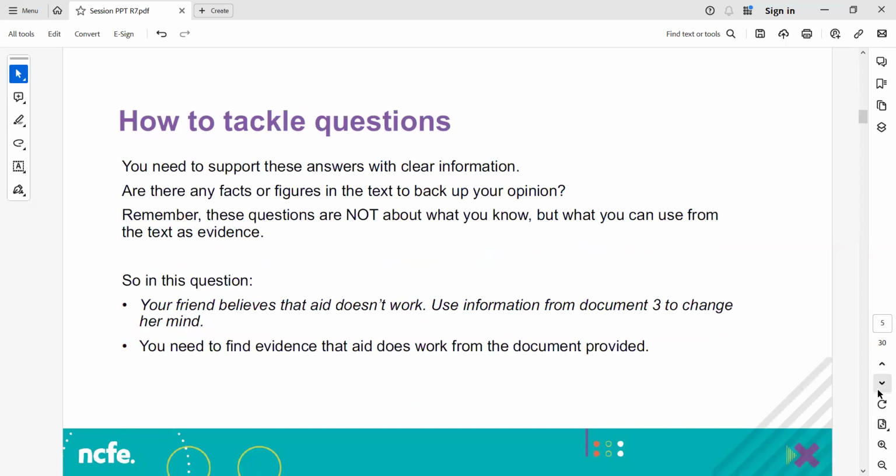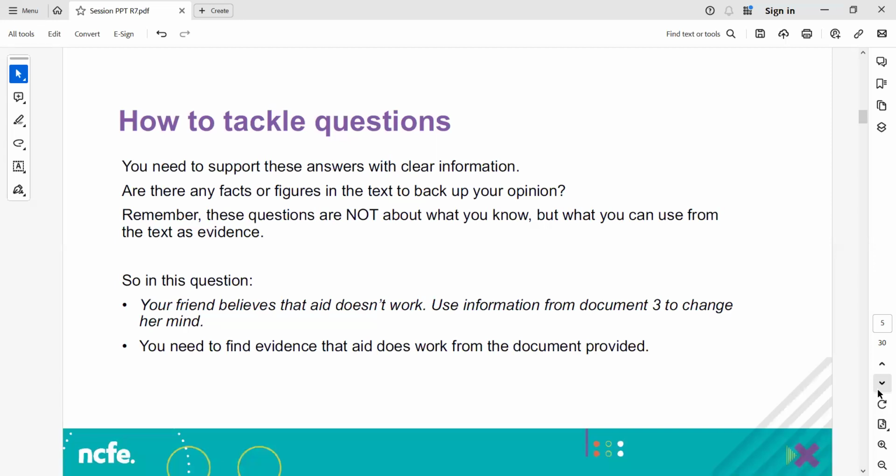So how do you tackle these questions? So you'll need to support your answers with clear information. So you need to look at the text you're directed to. So if the question says to use document 1 or text B, whichever one it refers you to, then you need to look at that document, that text, and think, are there any facts or figures within this text that can back up your opinion?